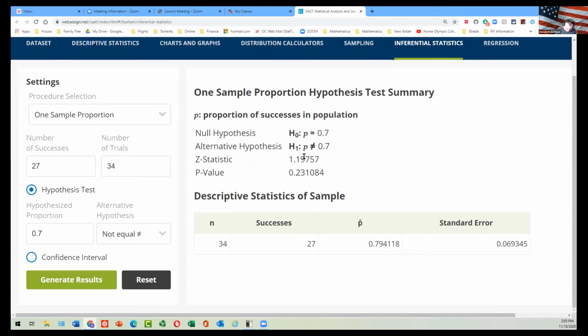The z-score is 1.198, to 3 decimal places. And the p-value is 0.231 to 3 decimal places.